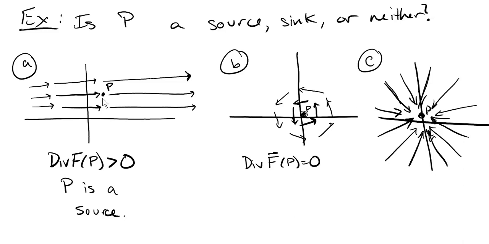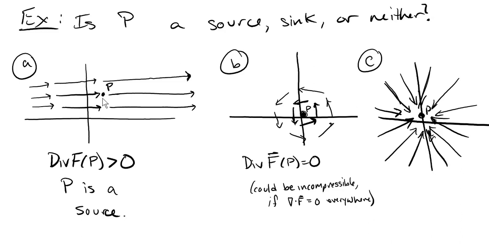So if that happened at all points, which it very well could in a spiral shape like this, depending on the magnitudes of these vectors, in that case, this could be incompressible, if the divergence is zero everywhere. It's hard to say, but the idea is that at that point, there's nothing going into or out of the point. There's just things revolving around it.